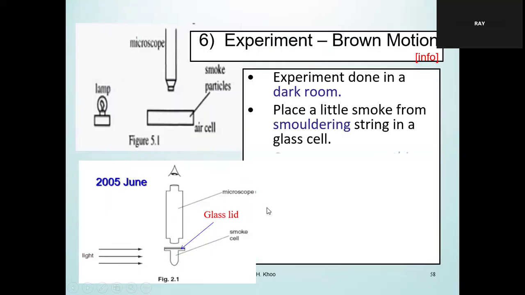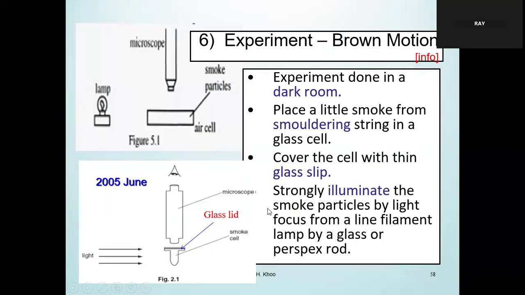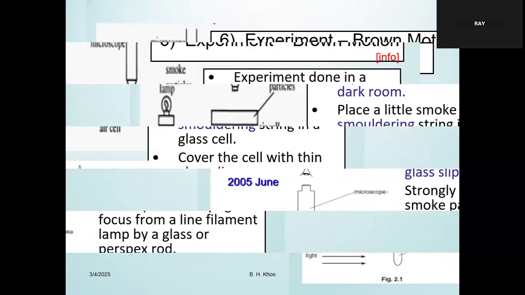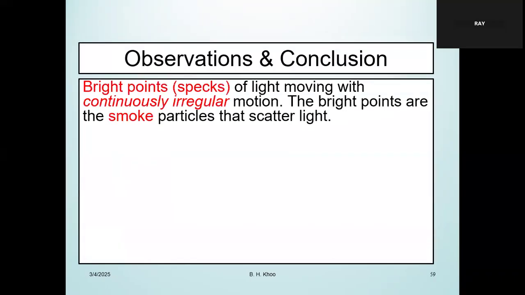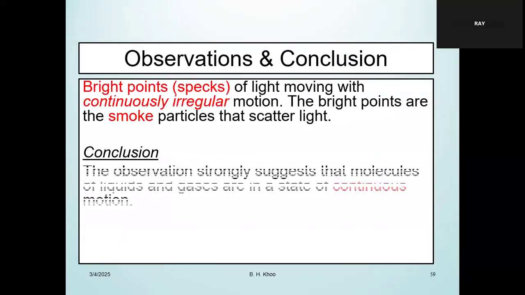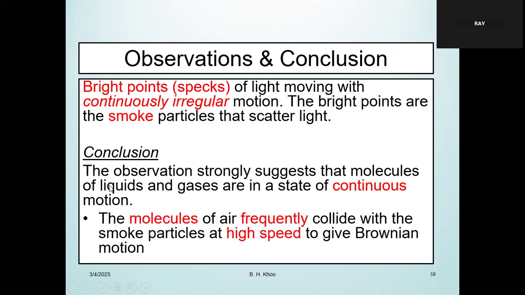Brownian motion is just a normal topic in the syllabus. I just read through to understand what it is. In the experiment, we see bright points of light moving with continuous irregular motion. The bright points are smoke particles in the scattered light. The conclusion from this experiment suggests that the molecules of liquids and gases are in a state of continuous motion.